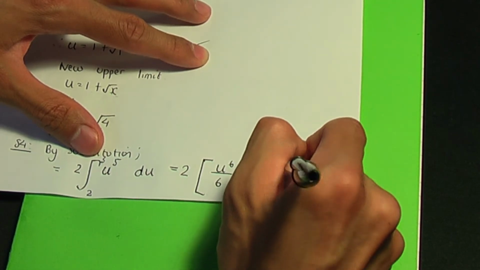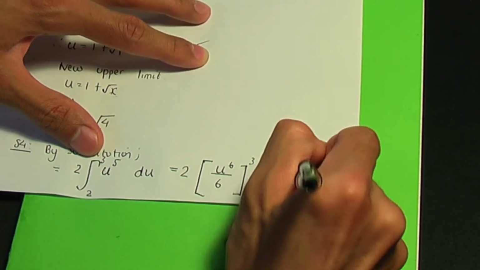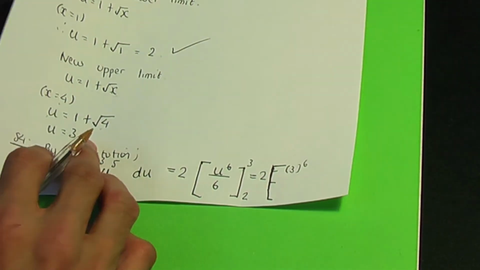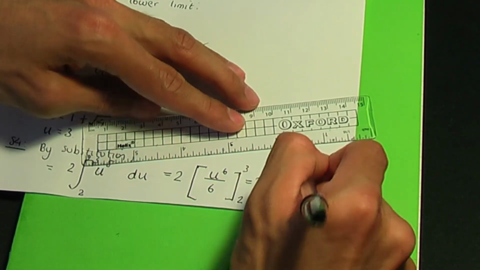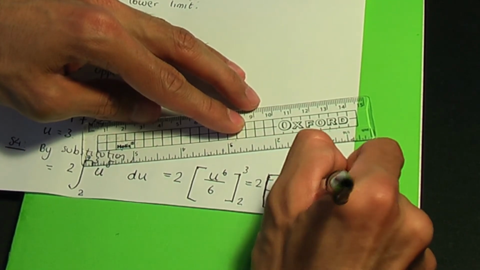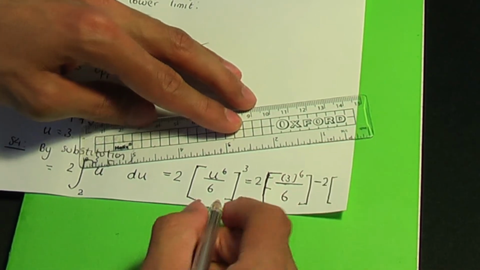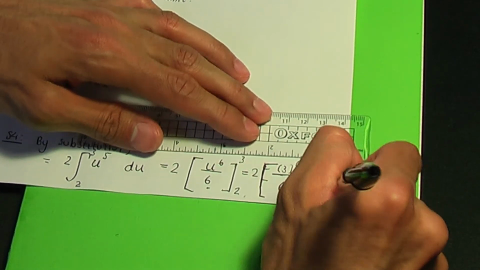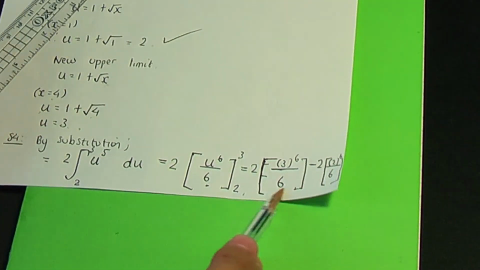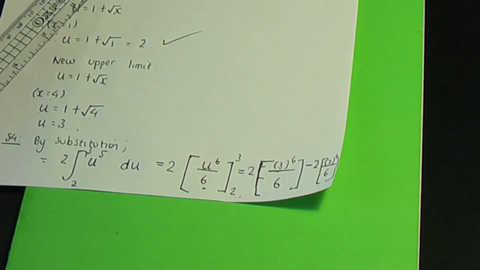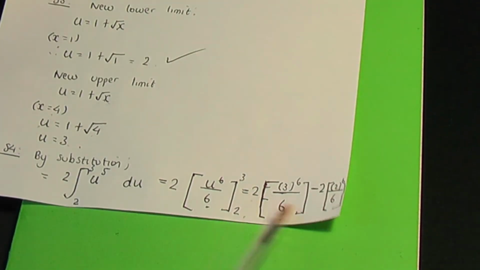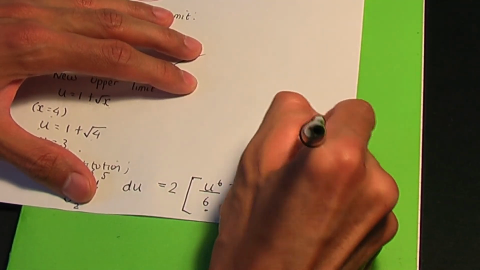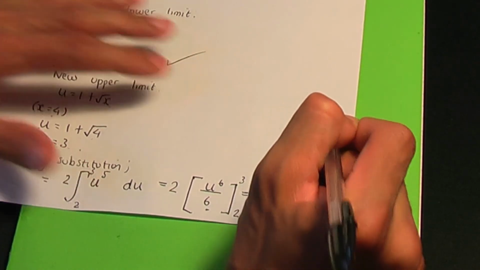So it's 2 into 3 to the power 6 divided by 6, minus 2 into, when I replace the lower limit, 2 to the 6 over 6. I hope you can see that. If you calculate this, you should have an answer of 665 over 3.